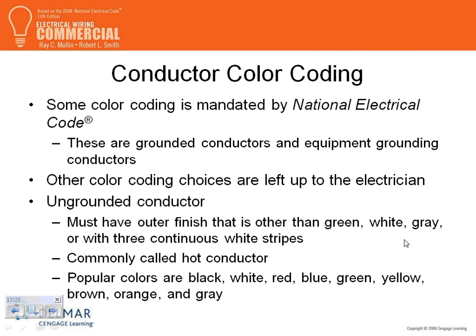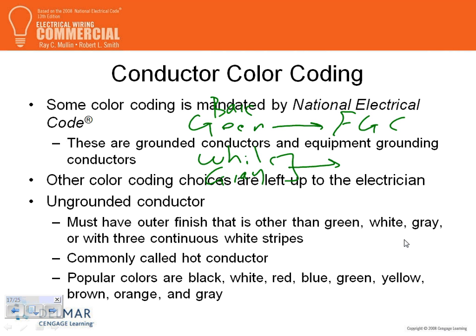Conductor color coding is very important, guys. I will review it one more time for the grounded conductor and the ungrounded conductor. The most important thing is the green, usually green, or bare conductor. These are going to be your equipment grounding conductor. If you have white or gray, for the most part, this is going to be your neutral, which is the grounded conductor.